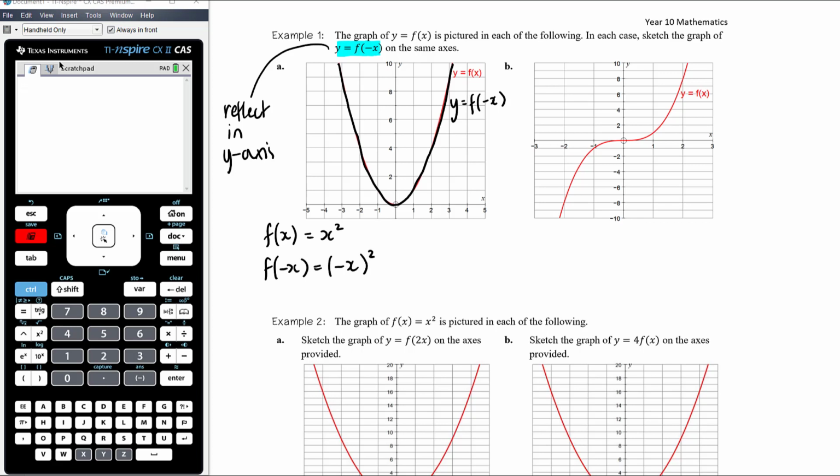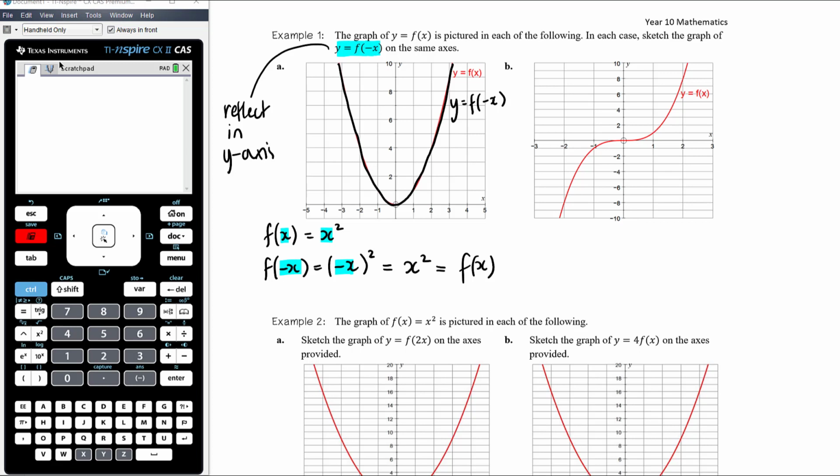So again, replacing all your x's with negative x's. Okay, so we know that negative x all squared is just x squared, and so therefore this is the same as f of x. That's why graphically it doesn't look any different, algebraically it doesn't do anything any different, which is why we haven't had to think about reflecting in the y-axis when we've just been dealing with quadratics.